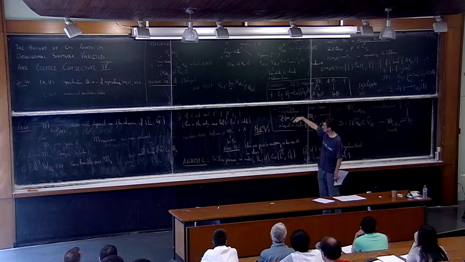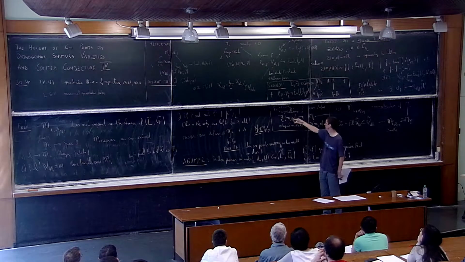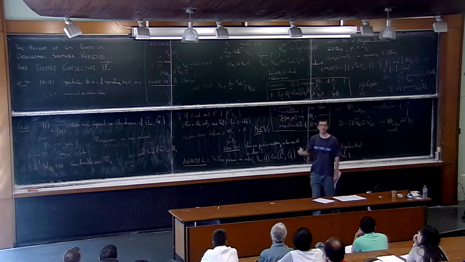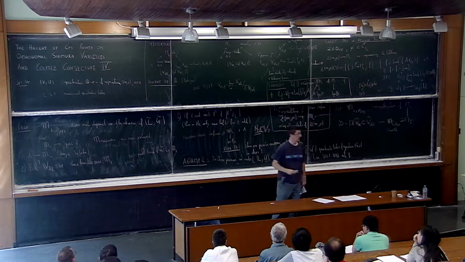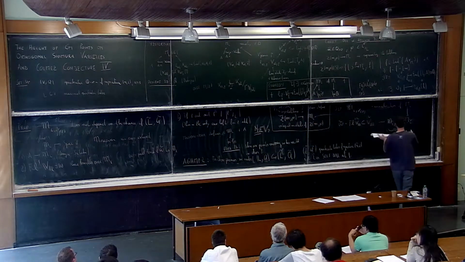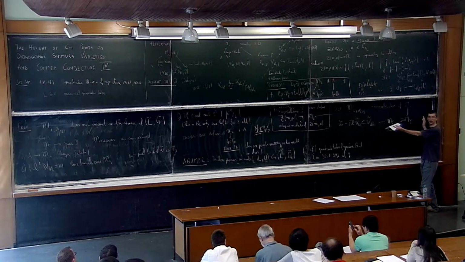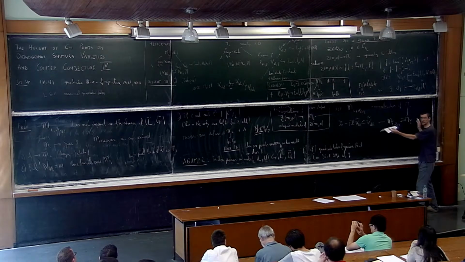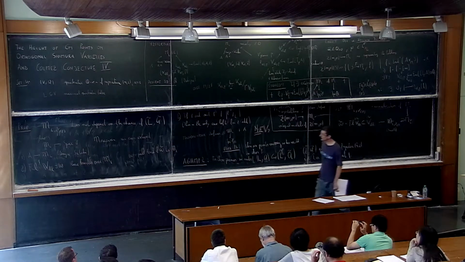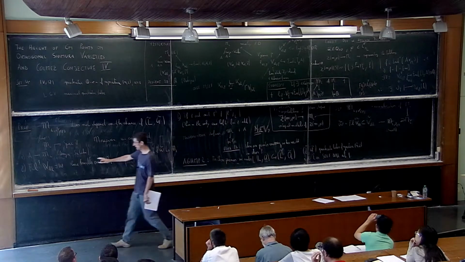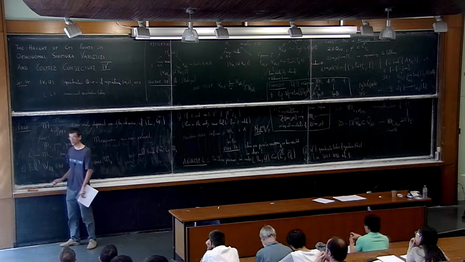We need to specify when an endomorphism of Kuga-Satake is special. Okay? Well, we can again resort to these auxiliary, much bigger Shimura varieties, and we say, look, I take a special endomorphism of my Kuga-Satake.